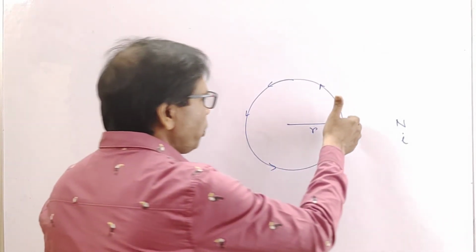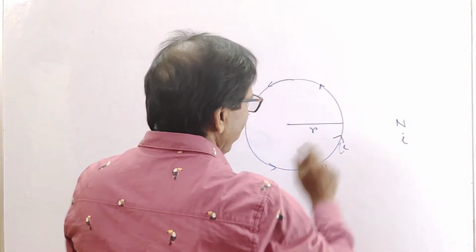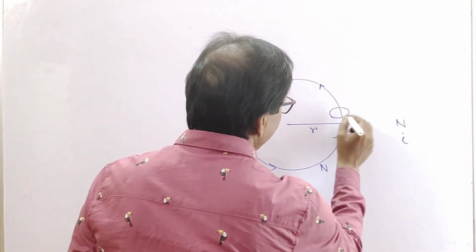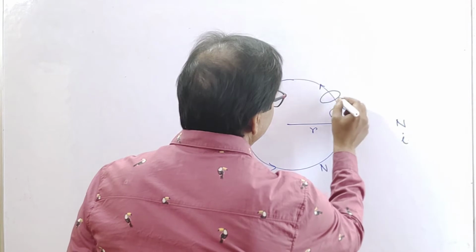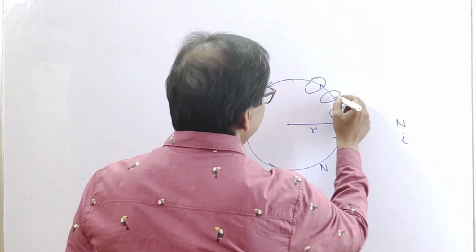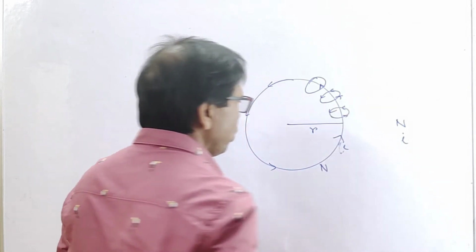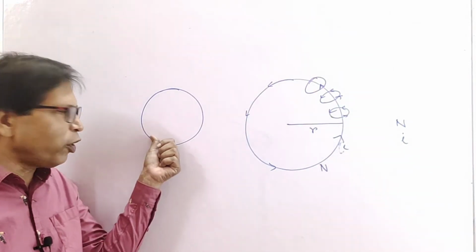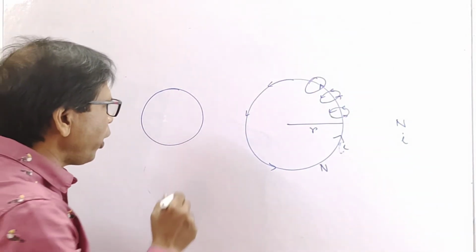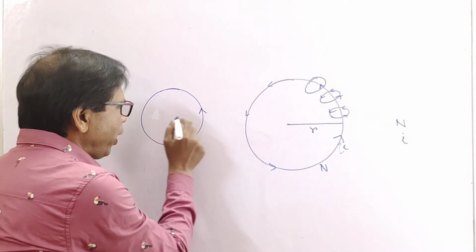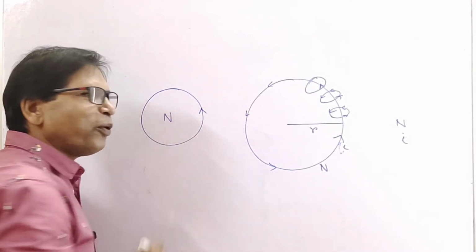Now direction of lines of force. Look at this. If we hold the conductor this way, the magnetic lines of force are like this. Okay, this is the direction of magnetic lines of force. Now the side where current flows through the coil anti-clockwise represents the north pole.